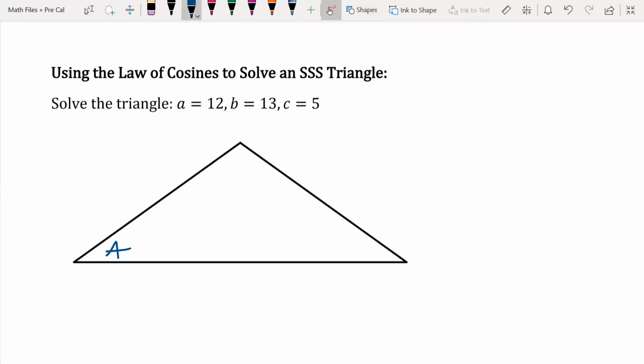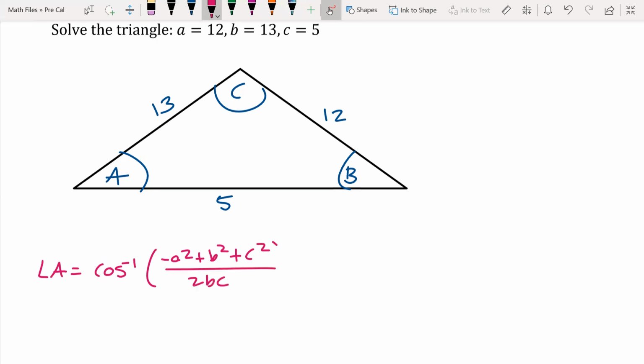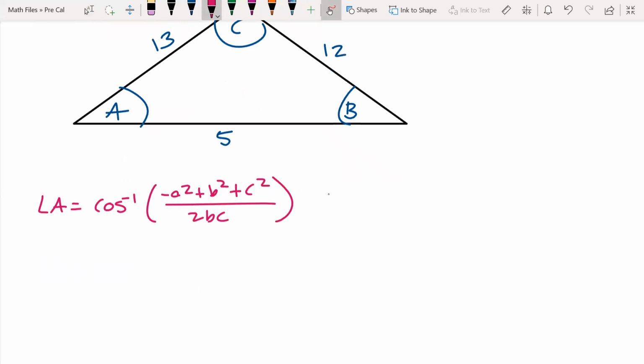All right, here, we don't know A, B, or C, and we know sides 12, 13, and 5. Let's do it again. Angle A is the inverse cosine of negative a squared plus b squared plus c squared over 2bc. Plug in what we know. We'll have negative a squared, what's that?